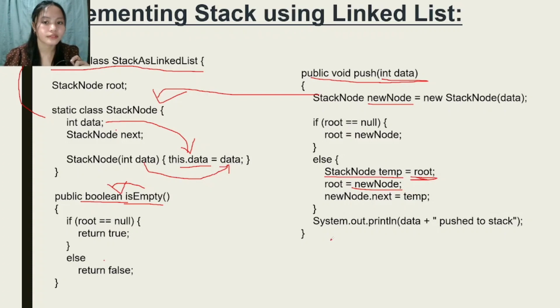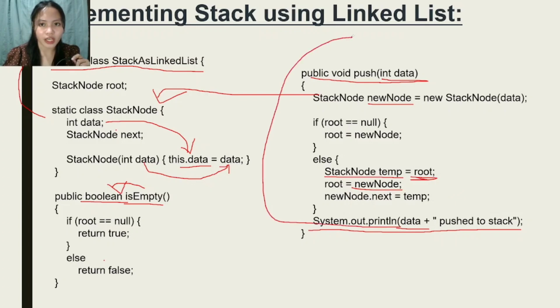And then, outside the if-else statement, outside the condition, we print data pushed to stack. Whatever value, whatever argument we put in here, that will be printed through this statement.